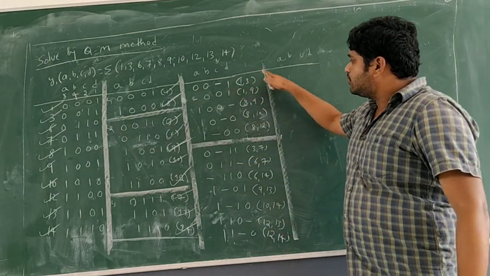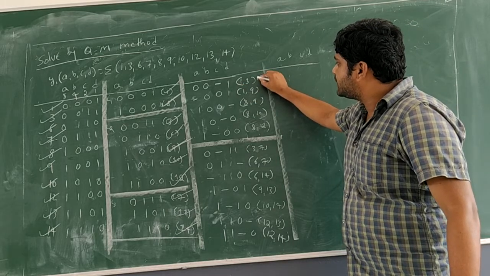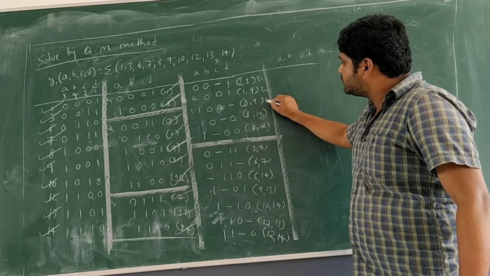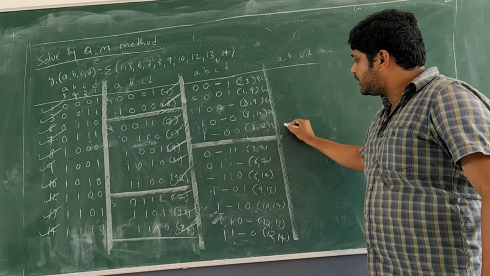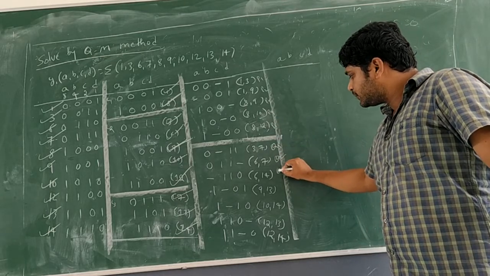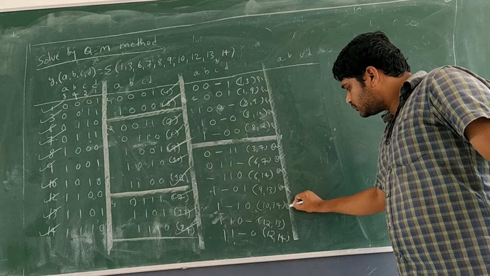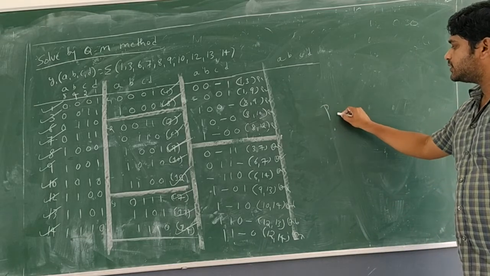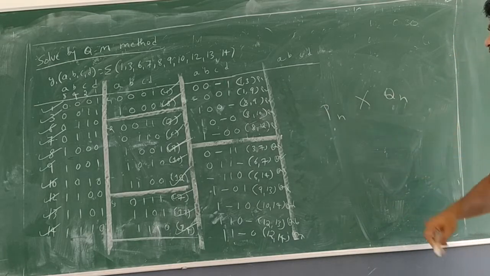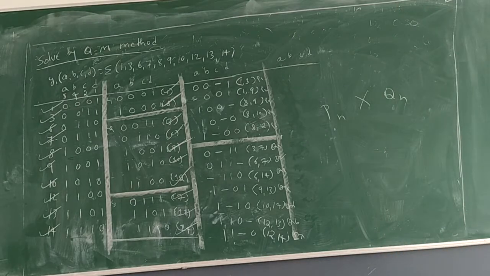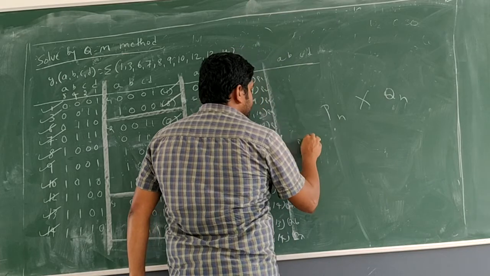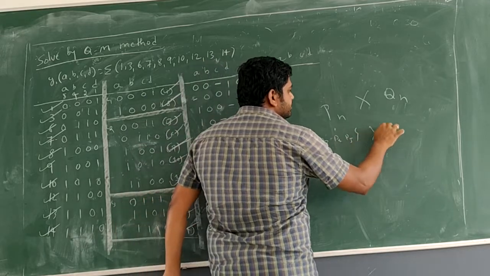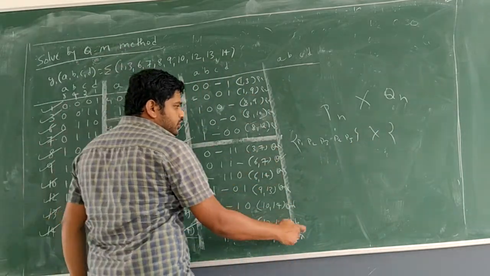Now, if you take this as capital P1, P2, P3, P4, P5, and capital Q1, Q2, Q3, Q4, Q5, Q6, Q7. Now you do set P Cartesian with set Q. That means P1 to P5 Cartesian product with Q1 to Q7.